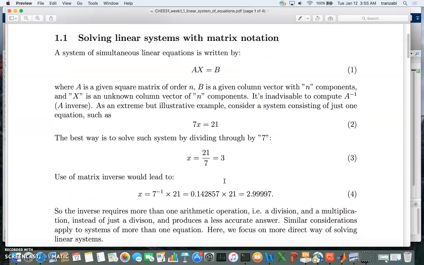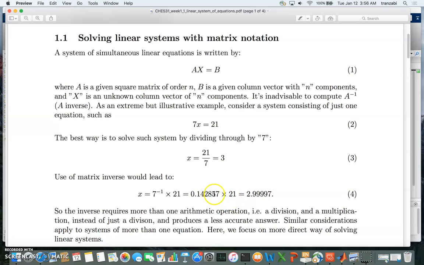The second approach is, what if we multiply both sides by 1 over 7? In that case, x is going to be the reciprocal of 7 times 21. If you do it this way, you have to calculate 1 over 7 first, which is this number, and then times 21.